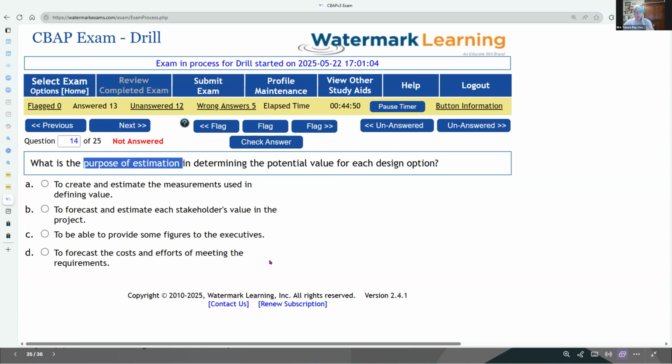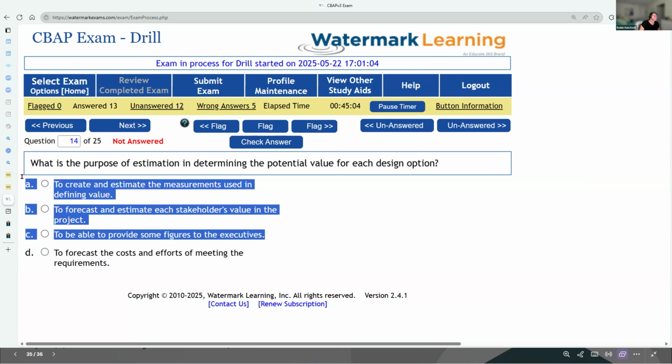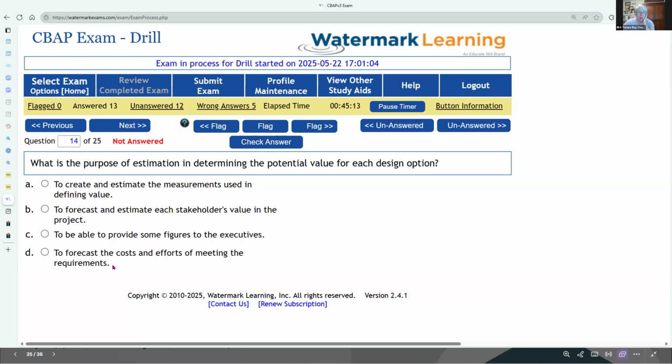Let's eliminate some of these. What can we eliminate? A, B, and C. You think? Yeah, maybe eliminate B. You want to eliminate D also?